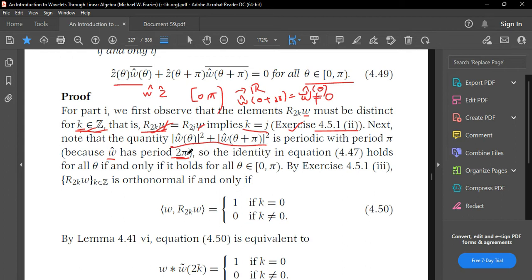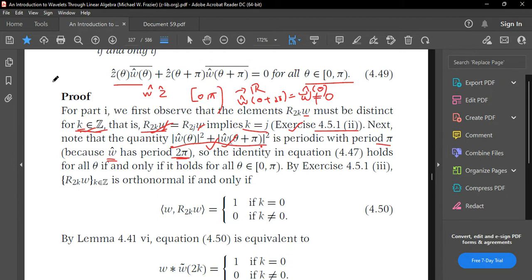So we will prove that this expression is periodic with period pi.